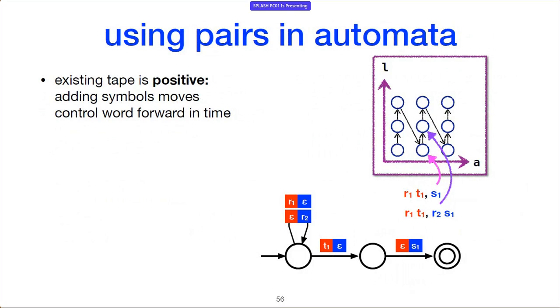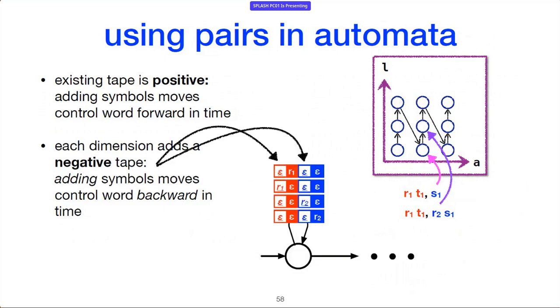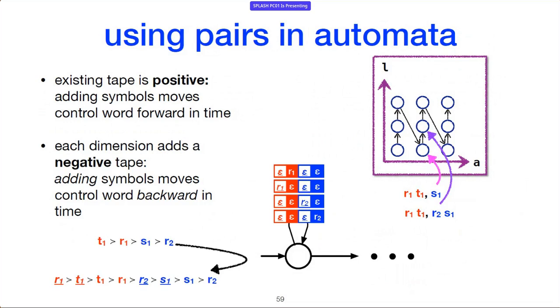And so I can extend this to my iteration space automata, and I can extend this to my transducers. In the existing automata, my tape is basically positive. I'm only ever adding symbols and adding to where my control word is. If I add a symbol, the control word moves forward in time or later in the schedule. But if I add a negative tape, so now every tape gets another matched negative tape that basically acts as negative symbols, adding symbols is going to move the control word backward in time.